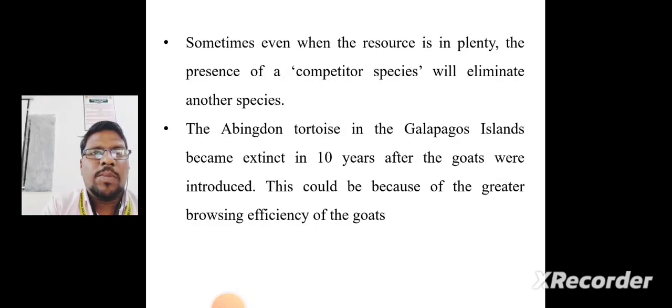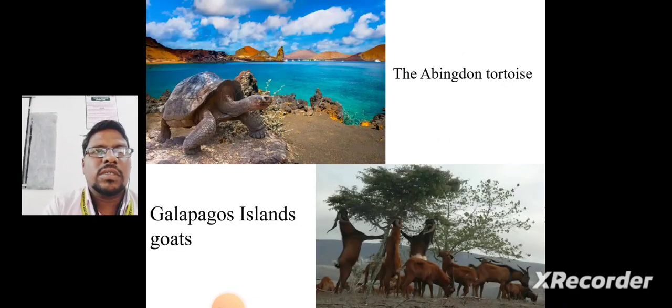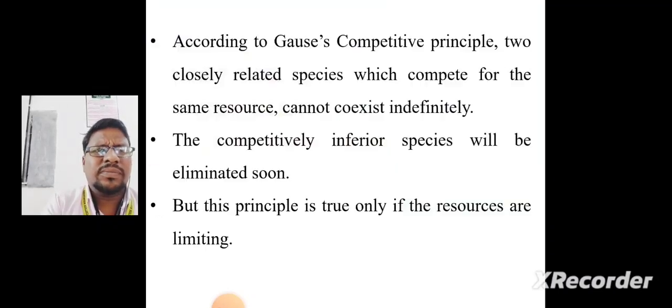For example, the Abingdon tortoise in the Galapagos Islands became extinct within 10 years because of the introduced goat species. So this is a picture of the Abingdon tortoise. This is the island, the Galapagos Islands, where the goats eliminated all the limited trees in the area.